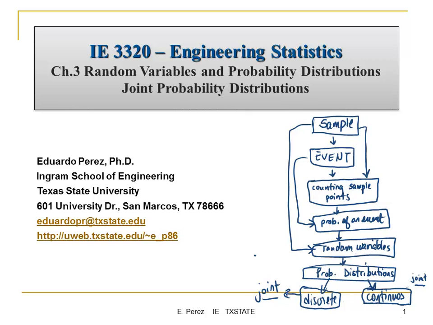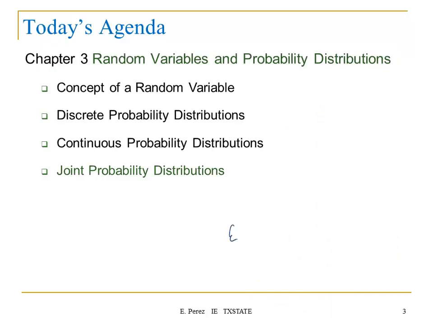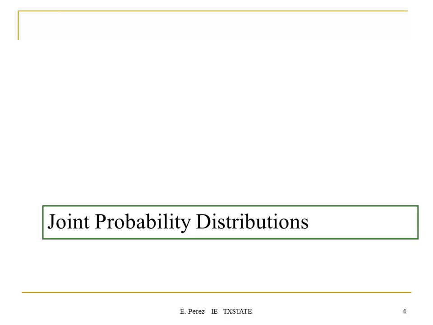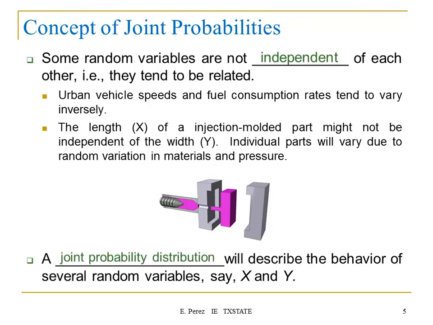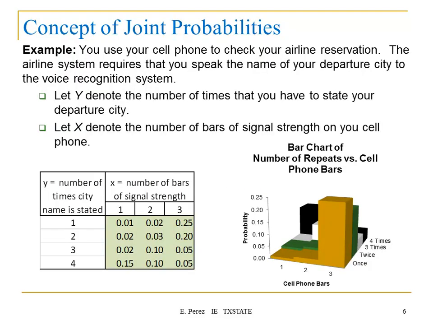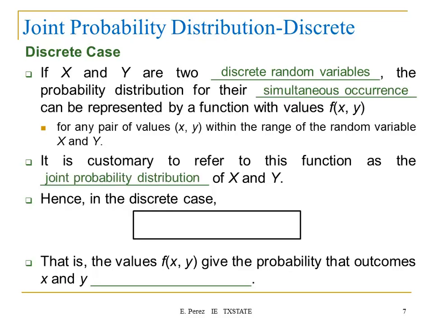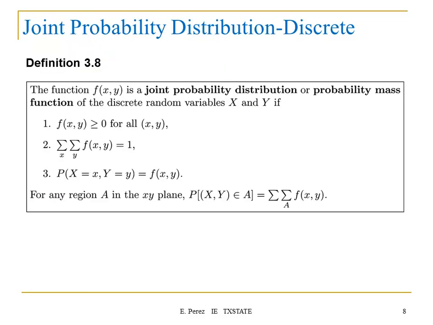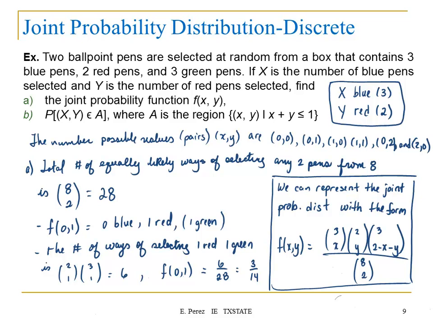So joint probability distribution. Just really quick, let me go through what we did last time. We covered the concept of joint probabilities for the discrete case and also for the continuous case. We went through some examples. This particular example was for the discrete case.